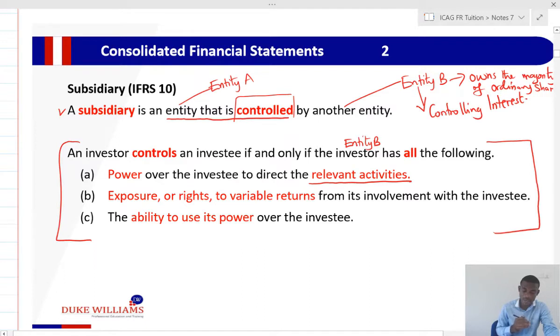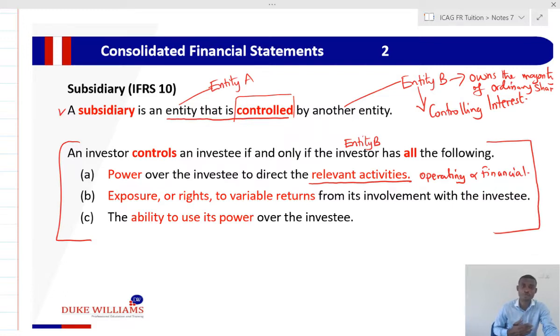It is the power to govern all the relevant activities, and by relevant activities we mean operating and financial. So all aspects of the entity's operation are being governed by the investor, and the investor is entity B. So there should be power to govern. Very important. Power to govern.